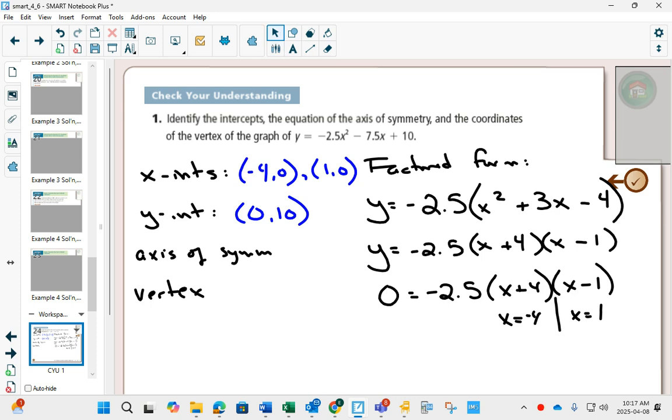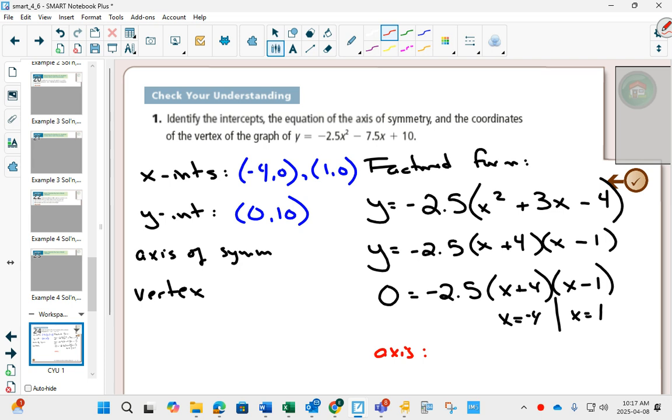Axis of symmetry. I could get my axis of symmetry from my vertex, or I can get it from the average of my x-intercepts. Well, I don't have my vertex yet, so I could complete the square to get my vertex, or I could get my axis of symmetry from the average of my x-intercepts.